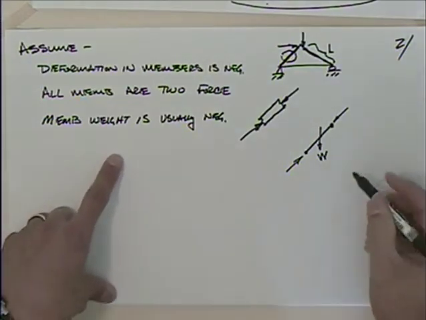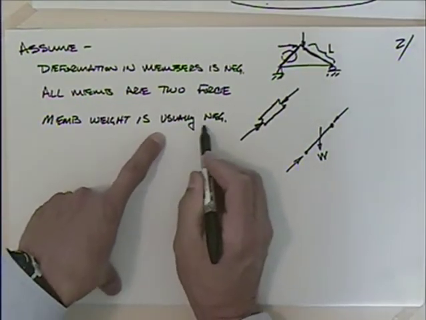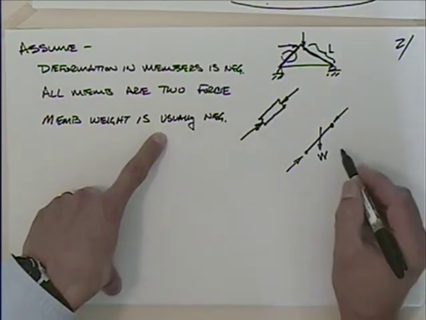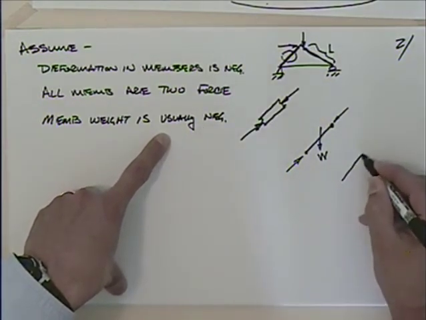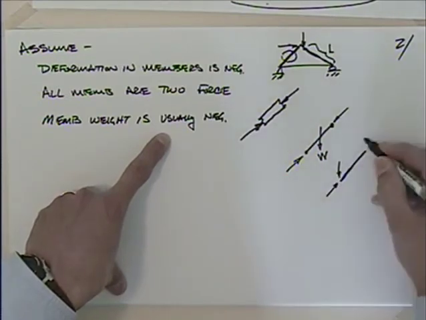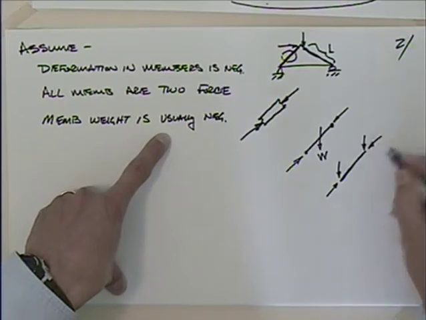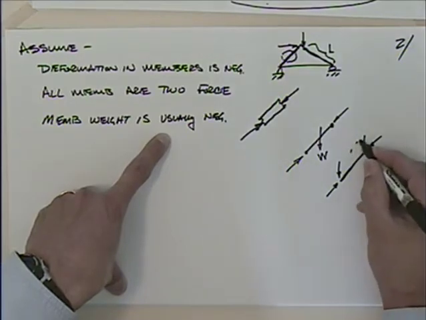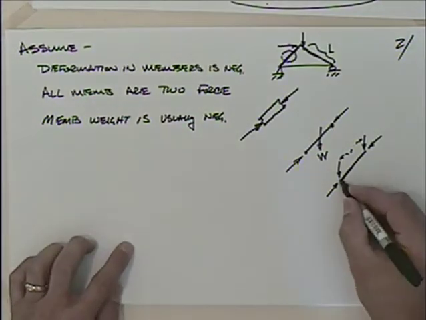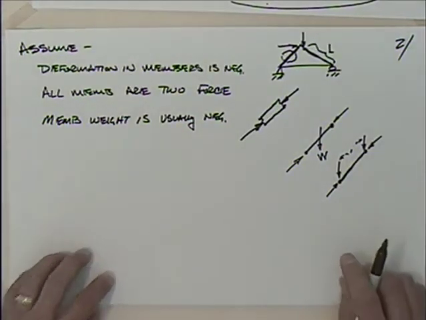No, it is not. How do we handle this? Usually we can just say that the weight is really very small compared to the loads that it's going to be holding. If that's not acceptable, what you're going to do is apply that weight. You'll put some of it there and some of it there. So you'll move that weight and put some of it at each end, and then you can still analyze it pretty well, and it's still going to be a two-force member.